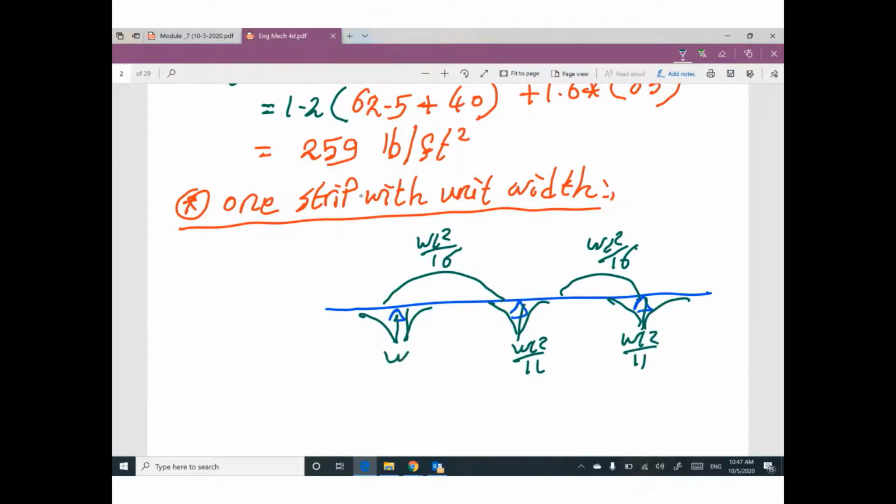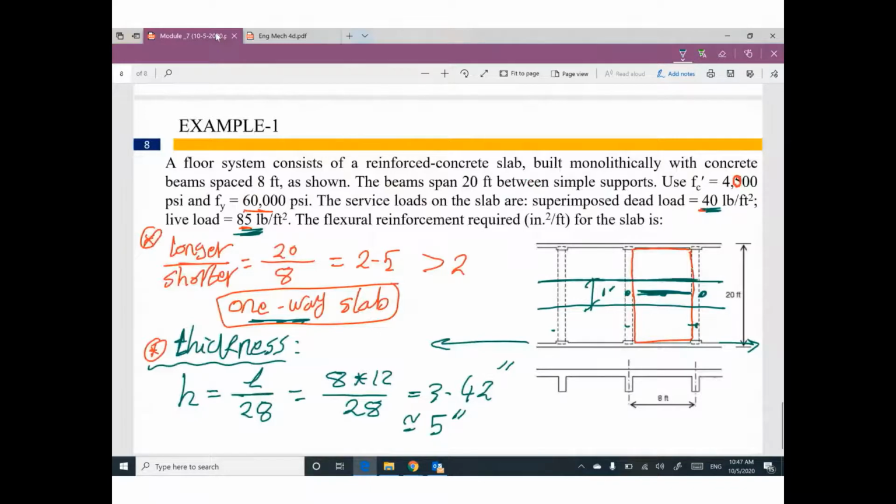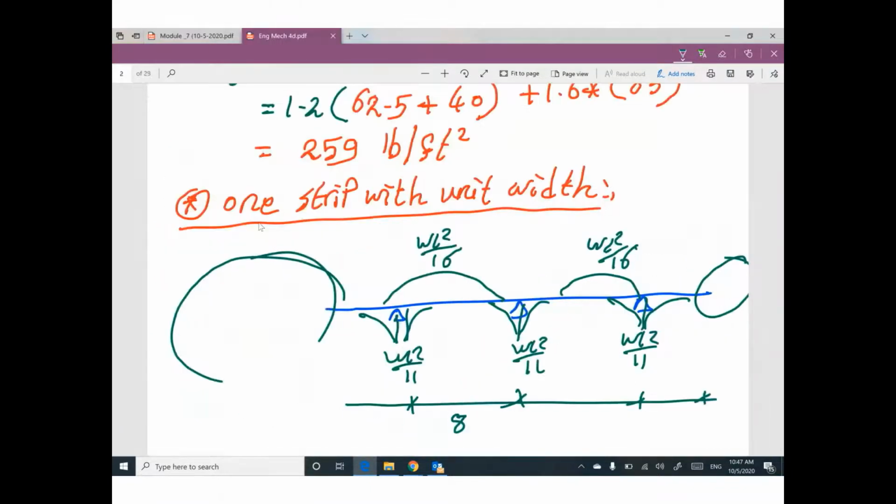So I forget anything at the beginning, at the end. So can you tell me what is the value of your moment? 259 times L. What is the span? 8? Should be 8. Yeah, 8. Span from here to here is 8. 8 feet, 8 feet, 8 feet.